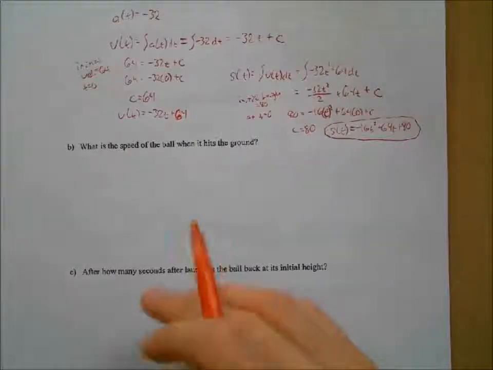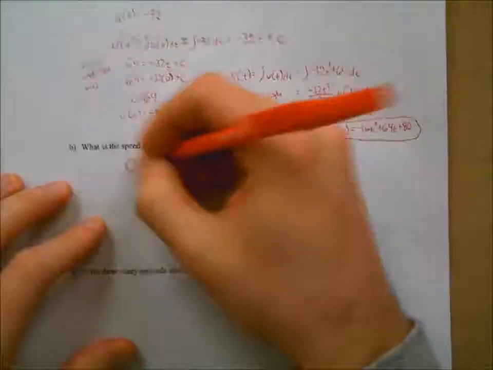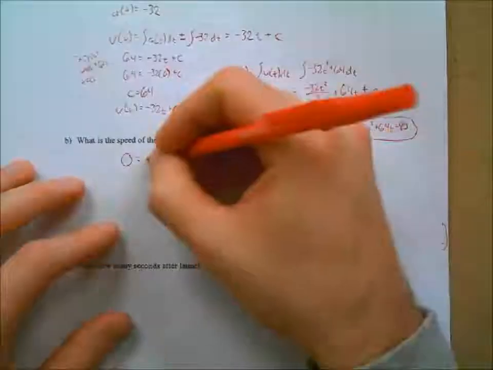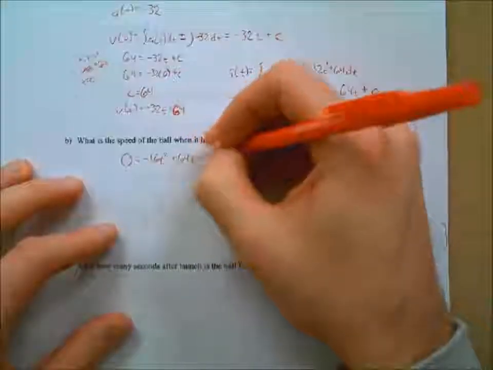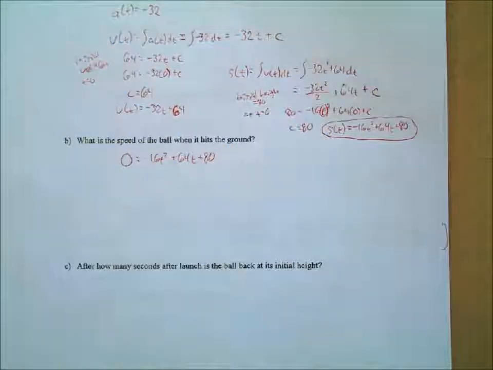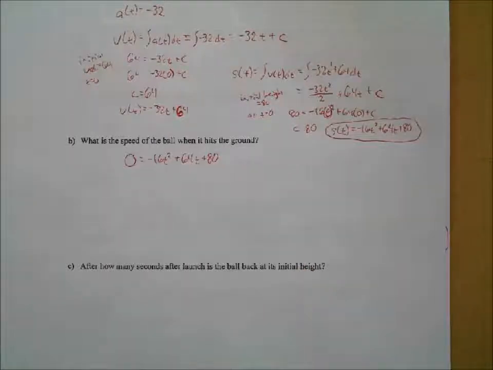We want to find the velocity. Ooh, when does the ball hit the ground? When the position is 0. So we have to set the position equal to 0 first. I think we can factor out a 16 here.